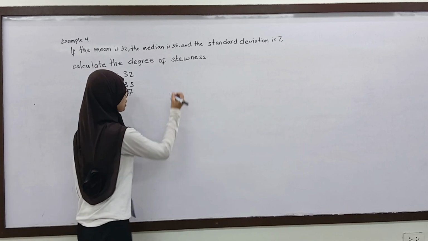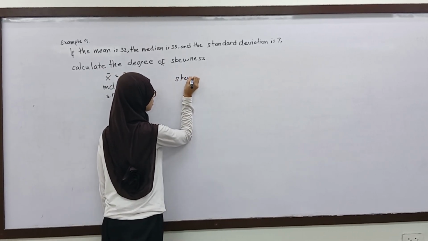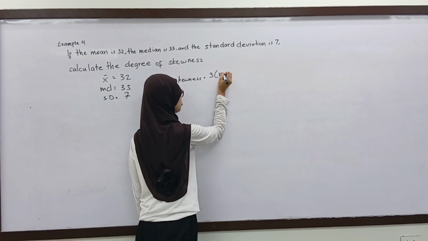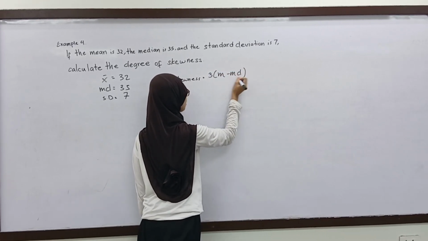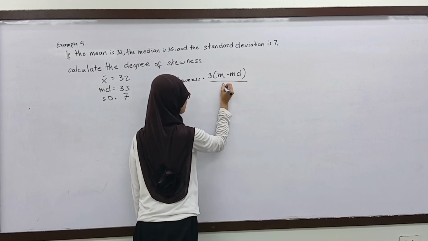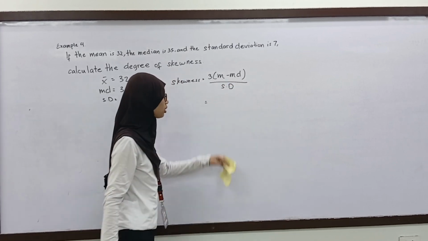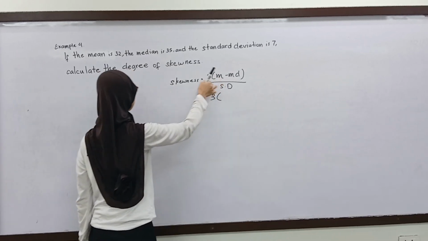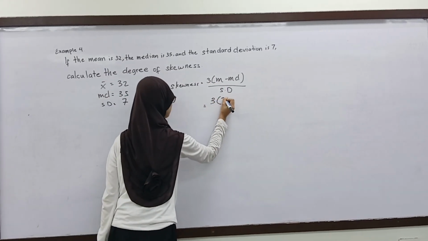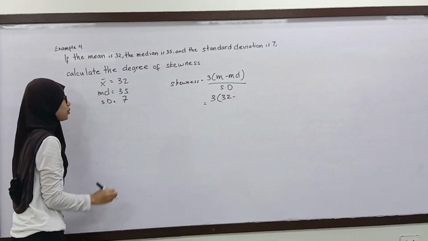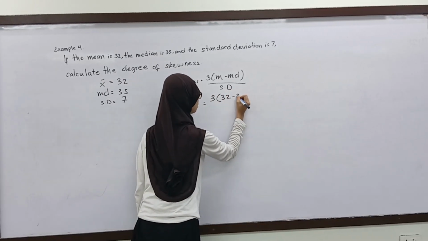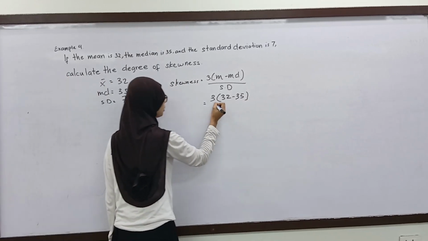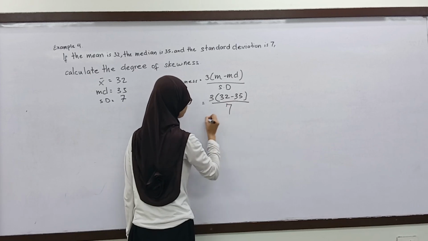So the formula of skewness is equal to 3 times mean minus median over standard deviation. So we're going to substitute in this formula: 3 times mean, which is 32, minus the median, which is 35, and over the standard deviation, which is 7.